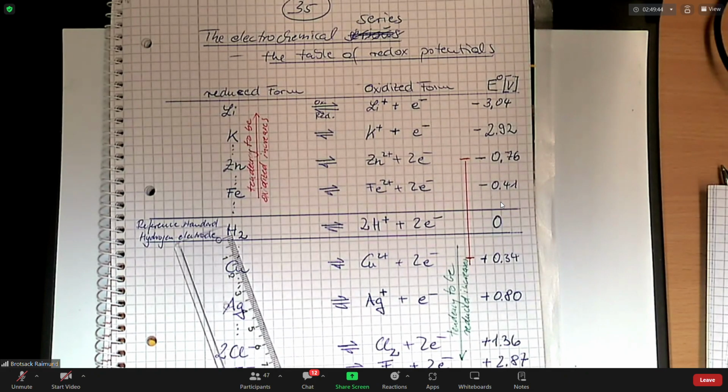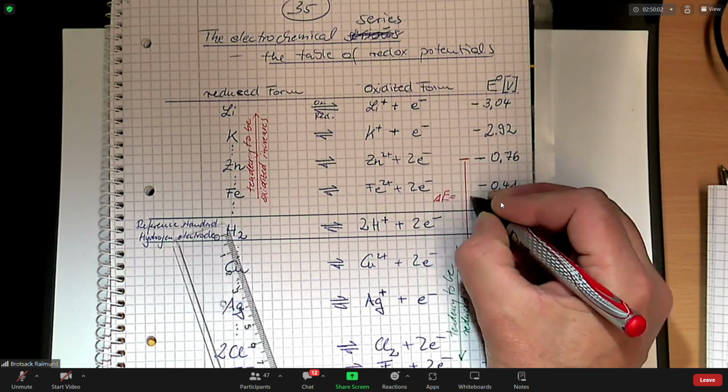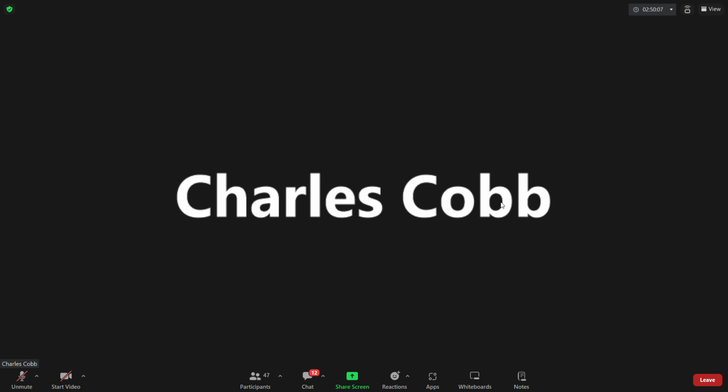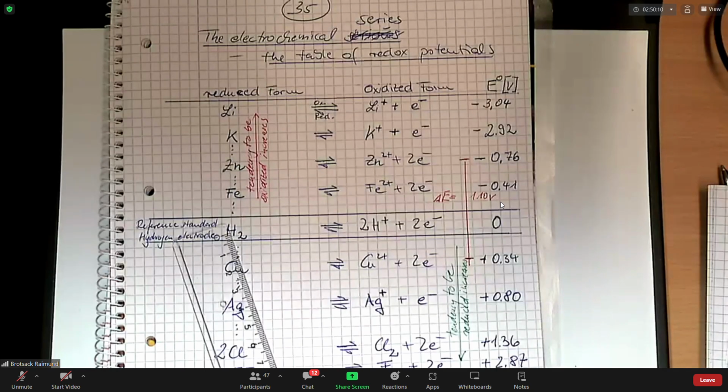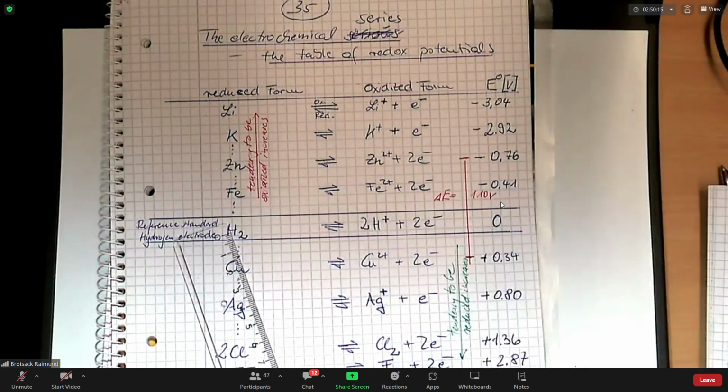We have here negative minus 0.76, and here we have positive plus 0.34. What is the delta? Yes, the delta here is 1.10 volt, and this is exactly what we measured. We always have to focus on the delta. Here we are on the negative side and on the positive side, so the delta is 1.1. And we just look at the delta.